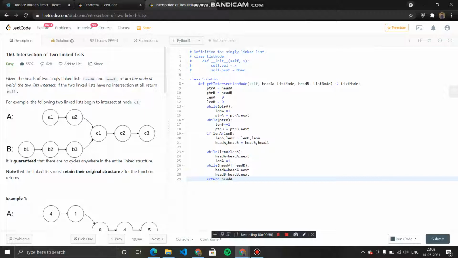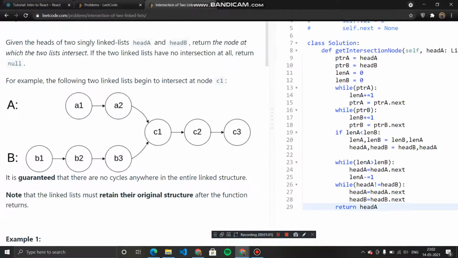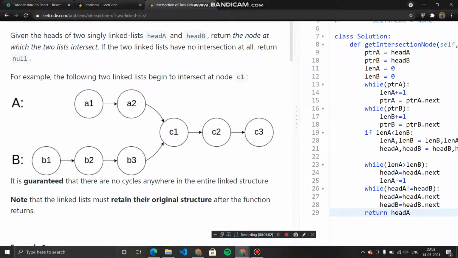One approach is total brute force, in which we traverse one of the linked lists, and while traversing we check whether each node occurs in the second linked list also. If so, then we return it. So we have to follow two loops.